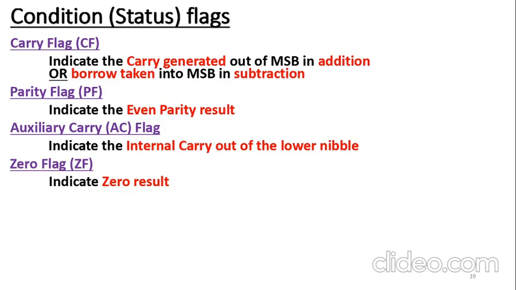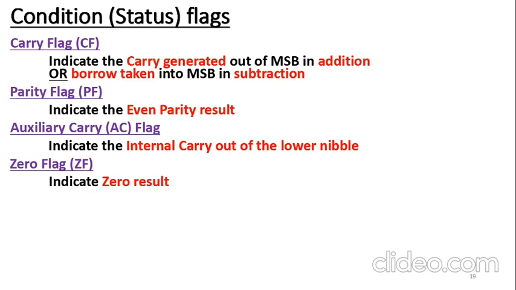Then the next flag is the zero flag, ZF. Zero flag equal to 1 indicates that after any arithmetic or logical operation, the operation has generated a 0 result. Otherwise, if the operation, arithmetic or logical, generates a non-zero result, the zero flag will be reset.